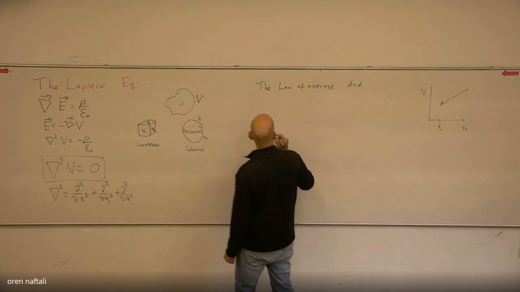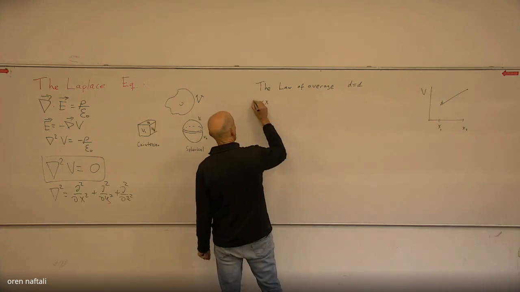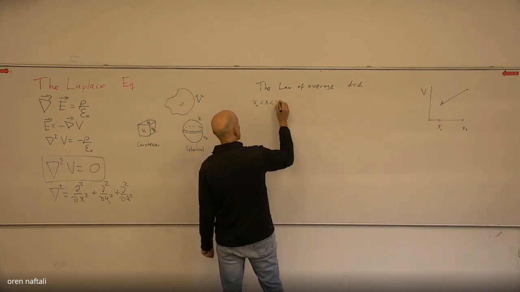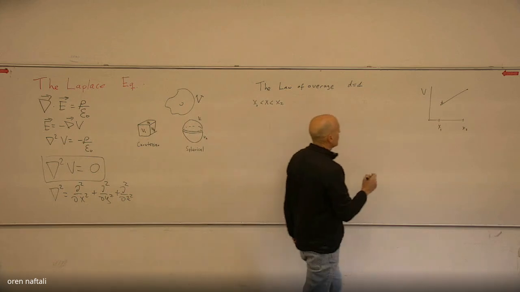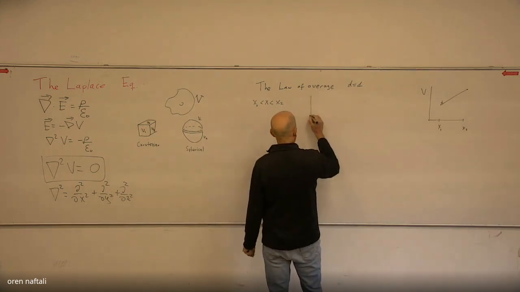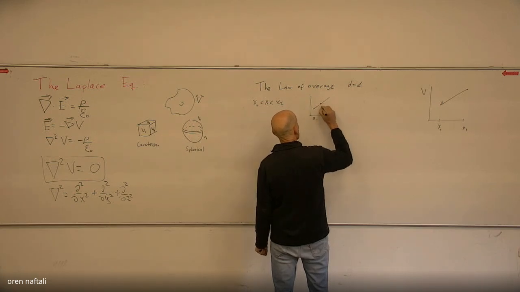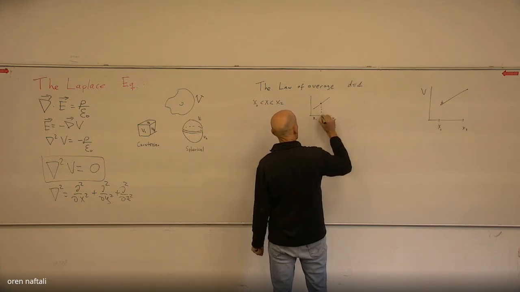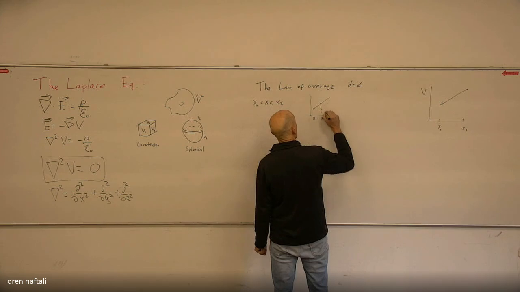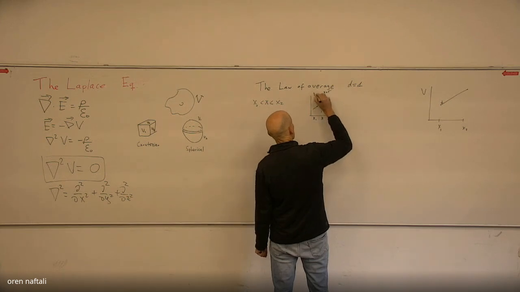So we take a point x between x1 and x2. This is x1, this is x2, this is x. And we take x plus delta. This point is x plus delta, and this point is x minus delta.